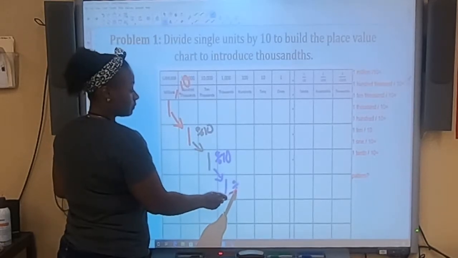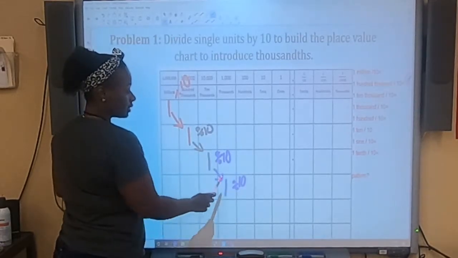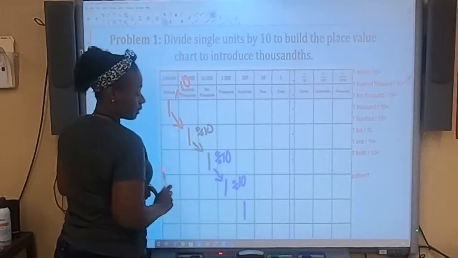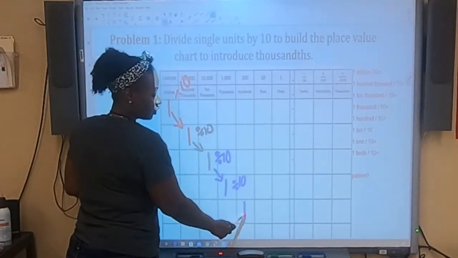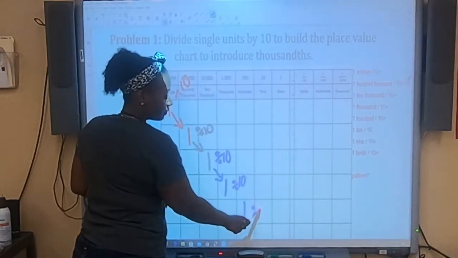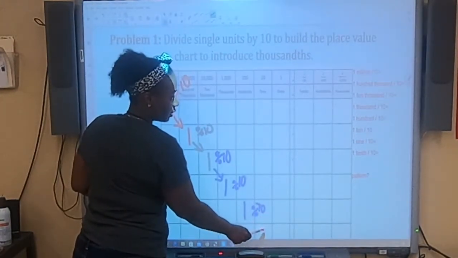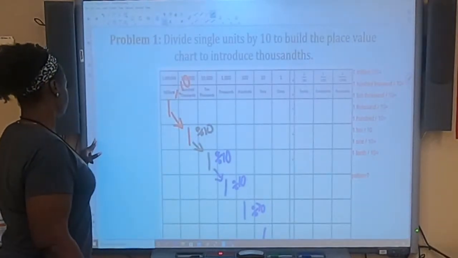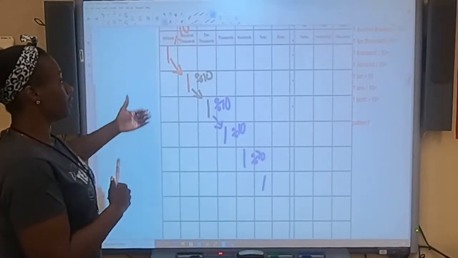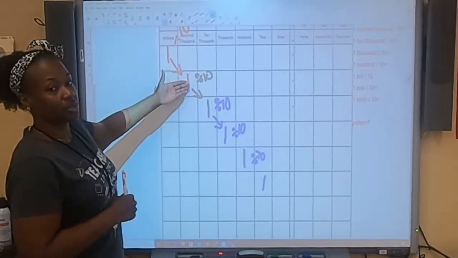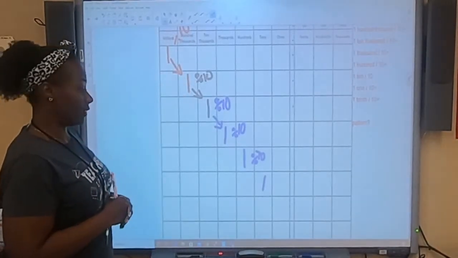1,000 divided by 10 would take that 1 to the hundreds place. 1 in the hundreds place divided by 10 takes that 1 to the tens place. You should start to see the pattern. I am literally shifting my digit 1 place to the right when I divide by 10.